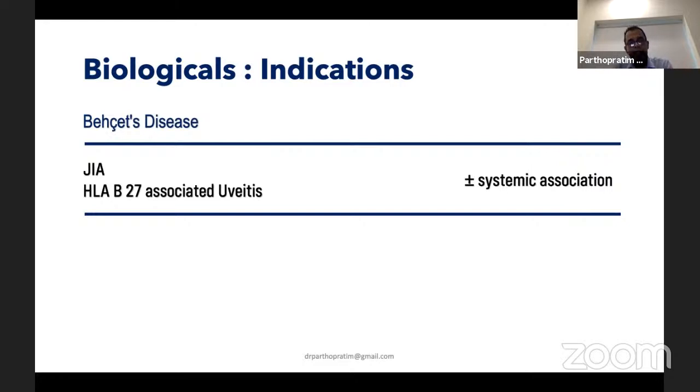And I can understand that many people are there where, in their country, tuberculosis is endemic. In such a situation, I won't advocate using JIA and HLA-B27 associated uveitis as a primary indication for starting biologicals. But in cases where there is systemic association, joint involvement, painful arthralgia, in that scenario, one must consult the rheumatologist and start the biological therapy.